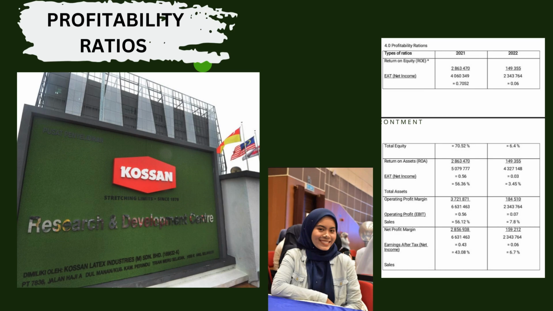Net profit margin. Net profit margin reflects how much revenue could be collected by a company. Net profit margin in 2021 was greater than 2022, with 43.08% than 6.7% respectively.